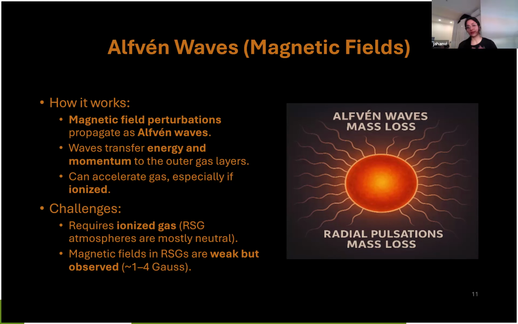Now, the challenge here is that RSGs have mostly neutral atmospheres, so we don't have ionized gas as such. And also the observed magnetic field is too weak to have a huge mass loss due to these waves. So this is the limitation of the wave mechanism for RSGs.